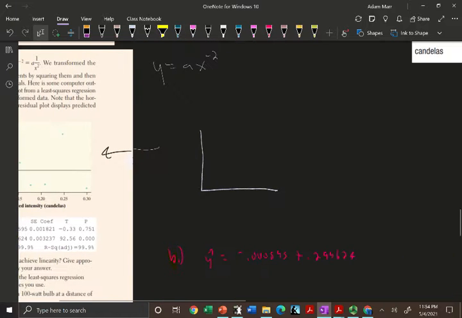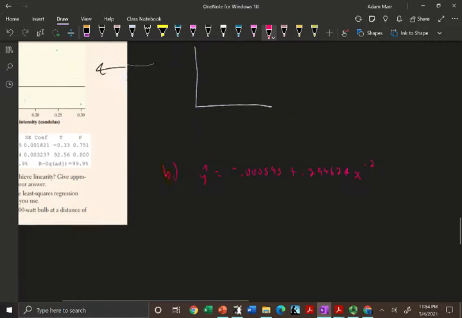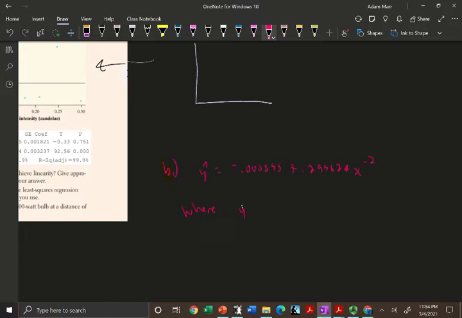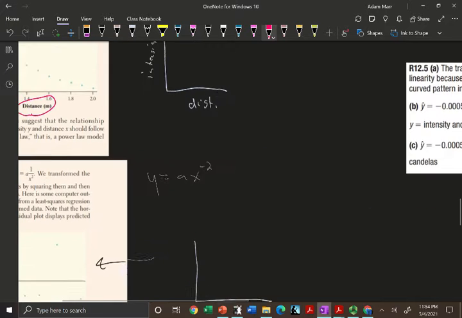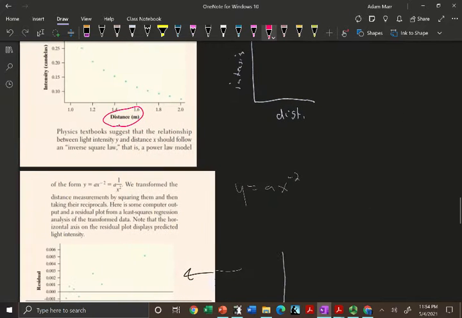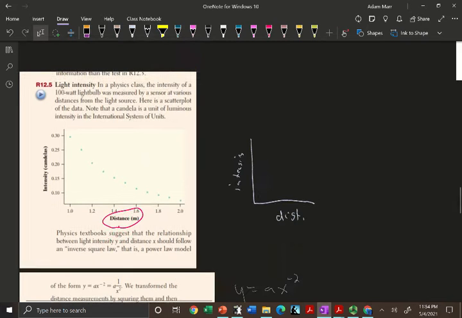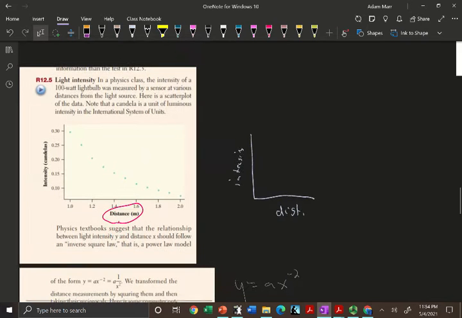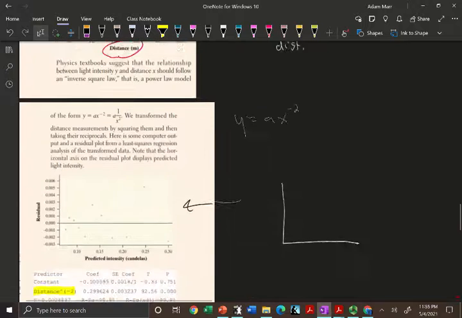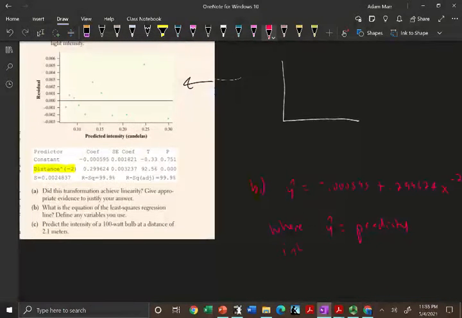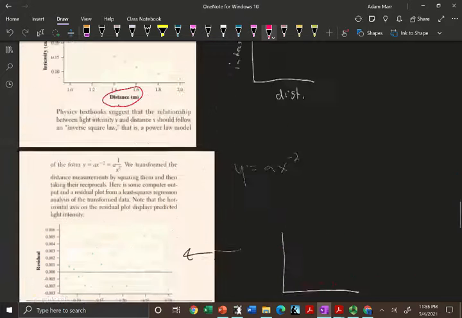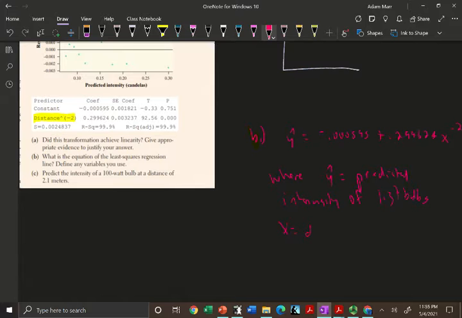So that's going to be x to the negative second, where y hat is going to equal the predicted intensity of the light bulb. And x is going to be the distance in meters.